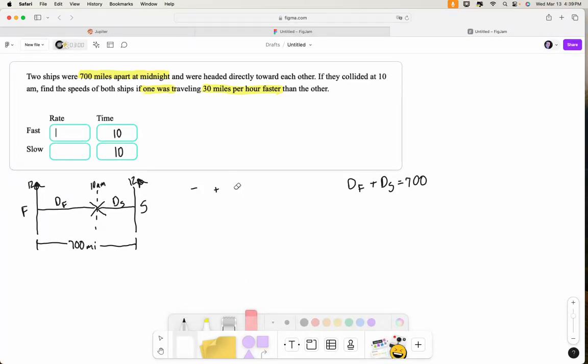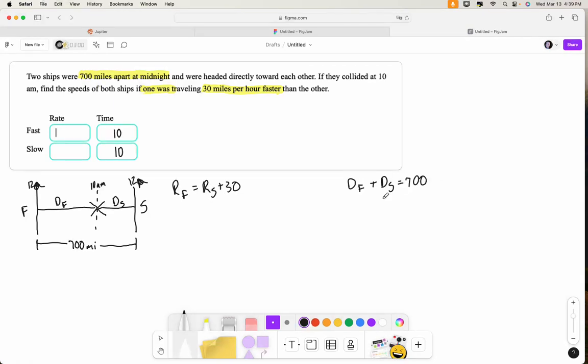That's what we need to write. Let me rewrite that better. The rate of the faster one is equal to the rate of the slower one plus 30 miles per hour. That's what this means right here. 30 miles per hour faster. That's the faster boat. So now we have an expression for the faster one, and the slow one is still just the rate of the slow one.